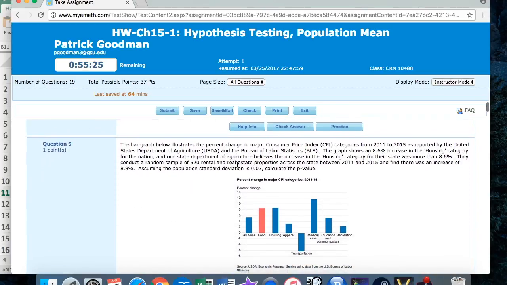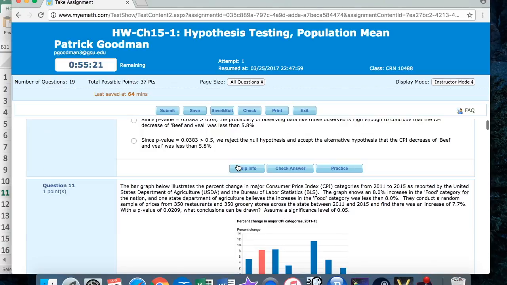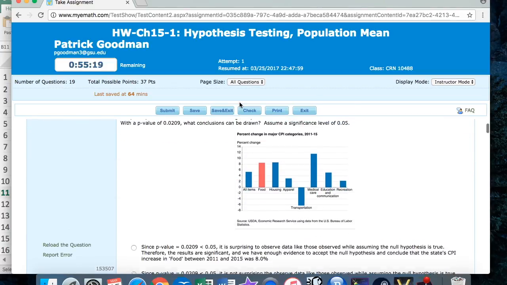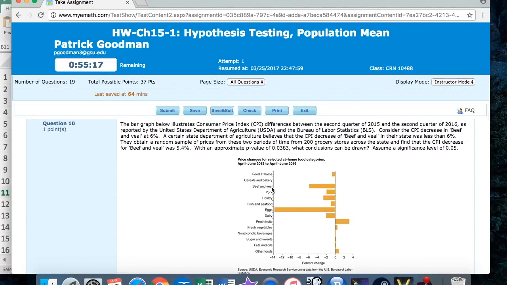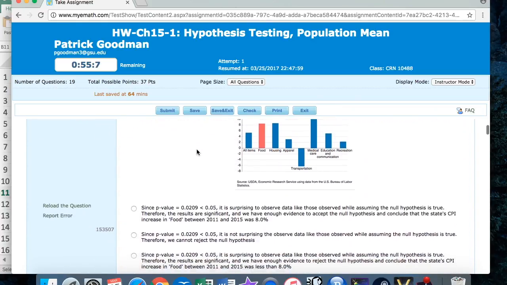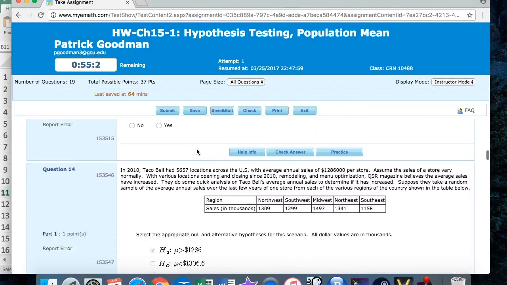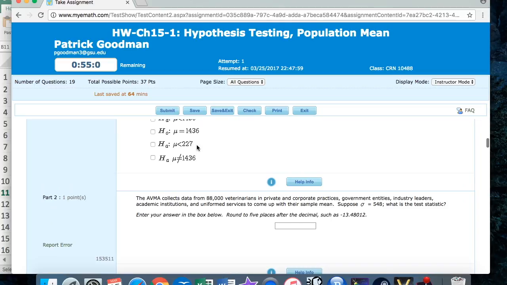Okay, now let's do a larger problem. Most of these you can see are kind of the same thing. They give you these charts, which I guess are kind of useful to see, but I don't typically look at them. I just grab the values out, so you don't have to use them if you don't want to. I've been doing fine without looking at them.